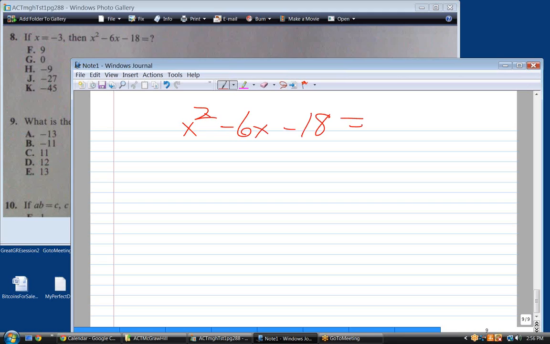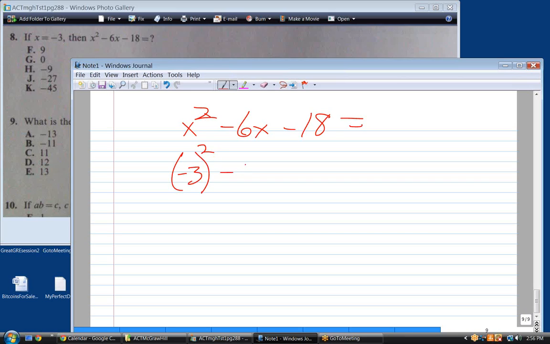If x is minus 3, what do I get here? Would you get 9? Well, the best way to do it is don't skip any steps.